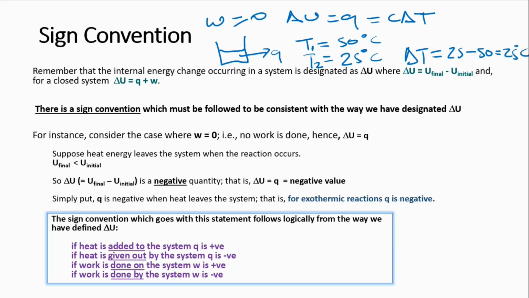That's the temperature change. But this 25 is negative, because you're taking away a bigger number from a smaller number. So you have minus 25 degrees Celsius as your temperature change. There's a decrease in the temperature.